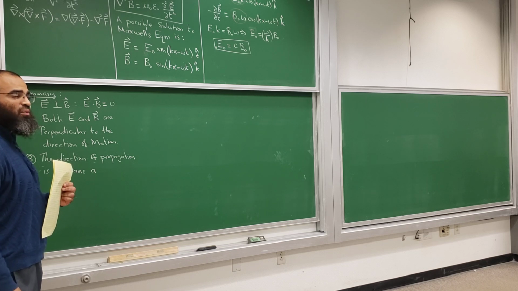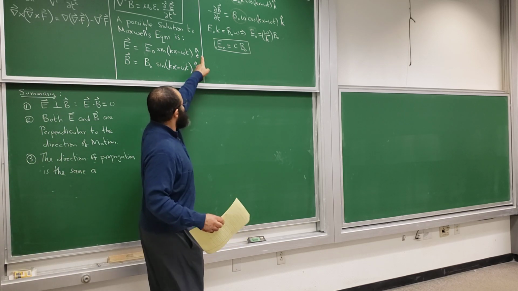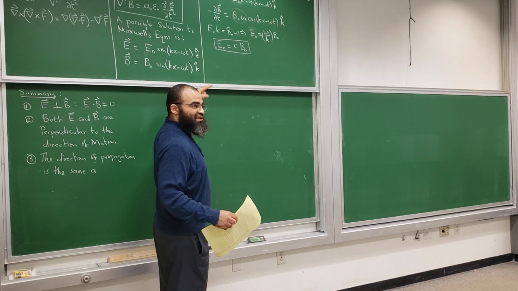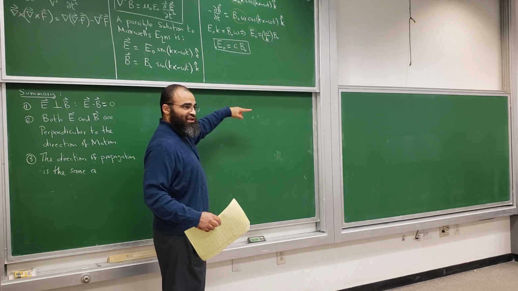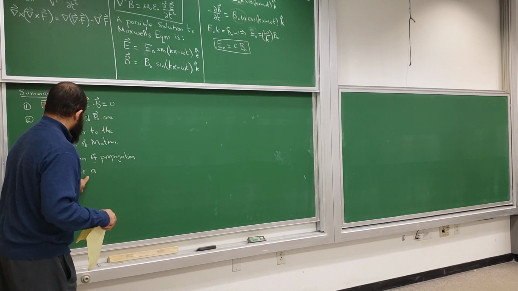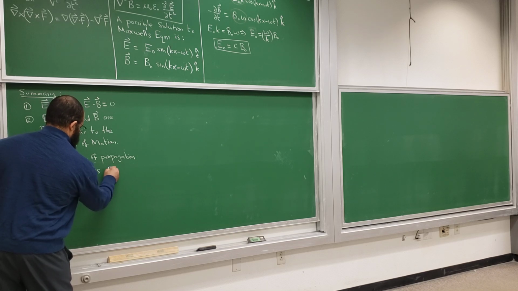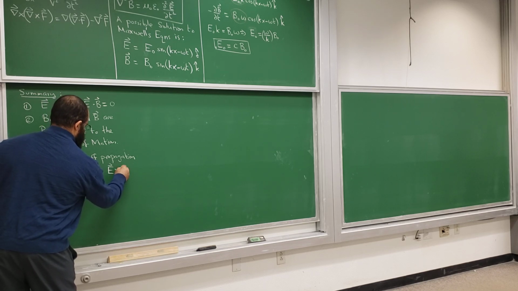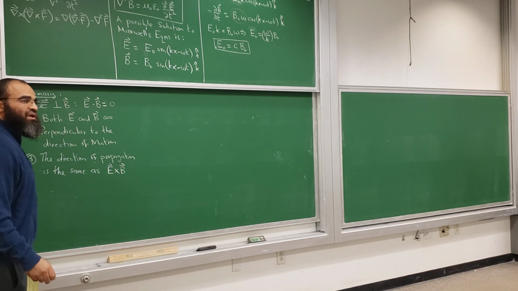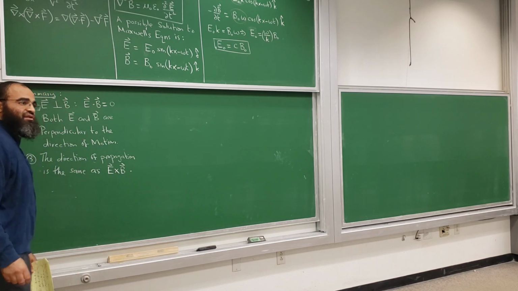Positive i hat. So the cross product of A and B, where this one is j hat and this one is k hat, is in the same direction as the direction of propagation. So the direction of propagation is the same as E cross B. I'm not saying it's equal to it, but it's in the same direction.